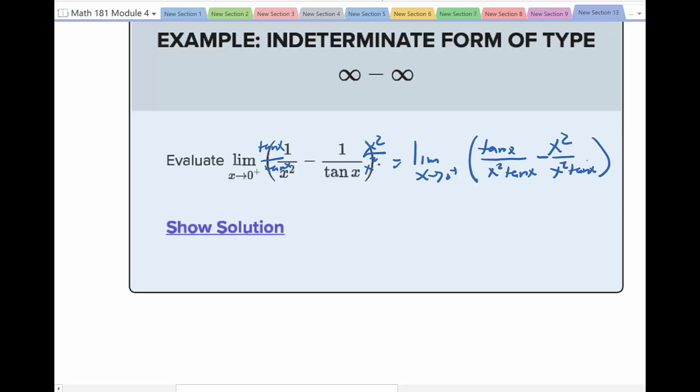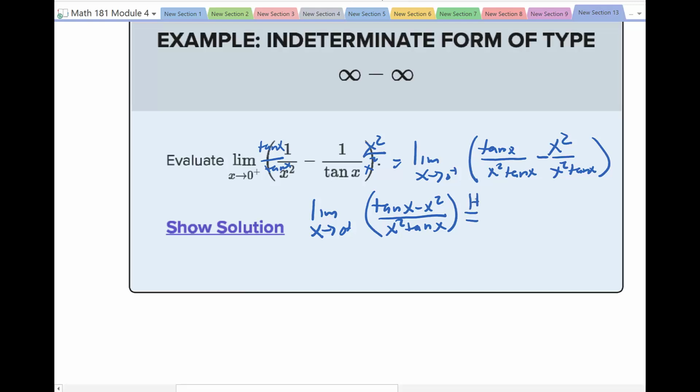Now we can combine the numerators. We have the same denominators, so it's tangent x minus x squared over x squared tangent x. Given the tangent of 0 is 0 and 0 squared is 0, we have 0 minus 0 over 0 times 0, so it's a 0 over 0, the indeterminate form.